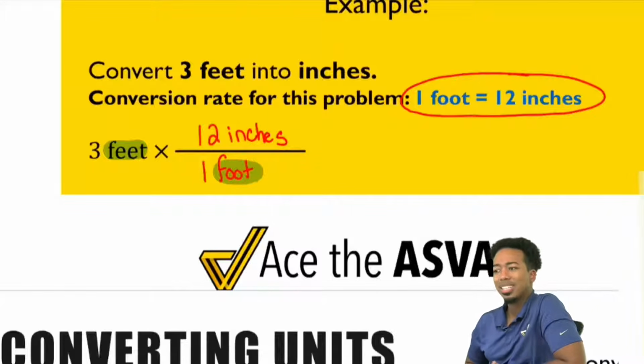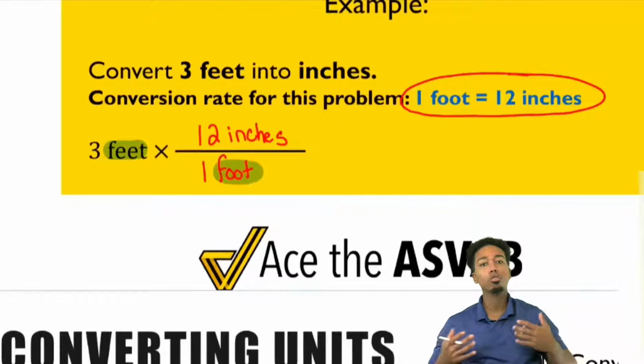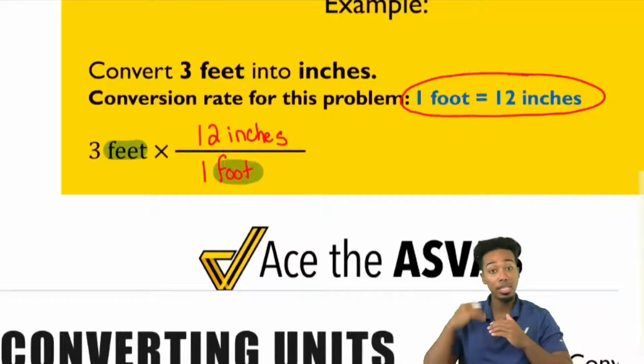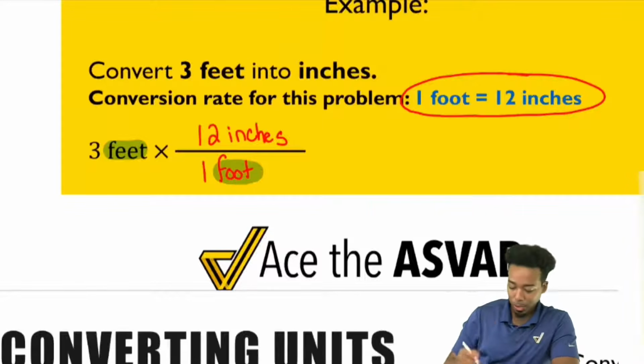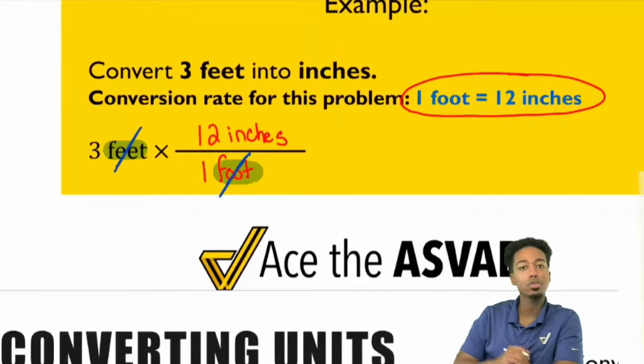So if you wanted to look at this in a different way, in terms of how to convert units every single time, no matter what, you're basically going to multiply by the conversion rate, putting what you're trying to cancel out on the bottom and what you're trying to leave on top. Because guess what happens? Right here, boom. You got feet up top, feet on bottom, cancels out.